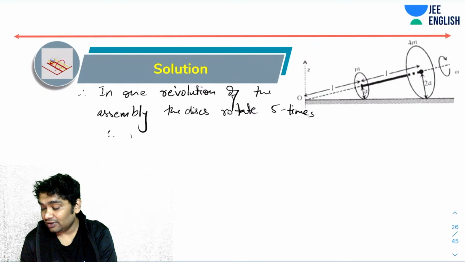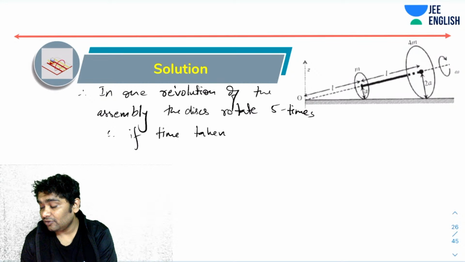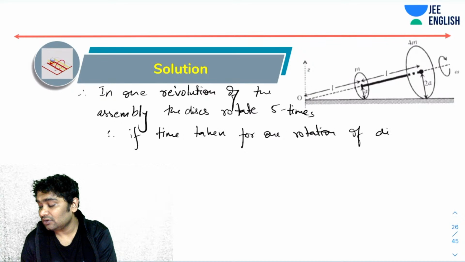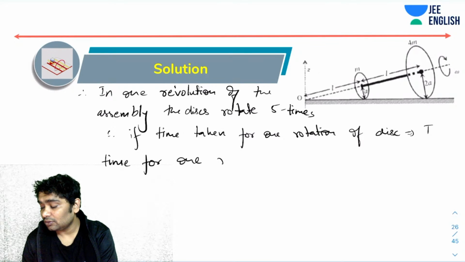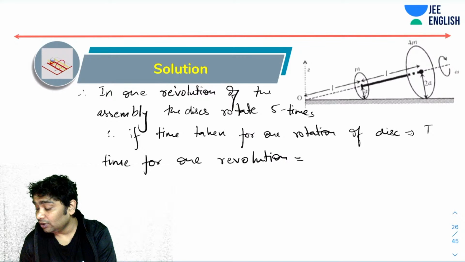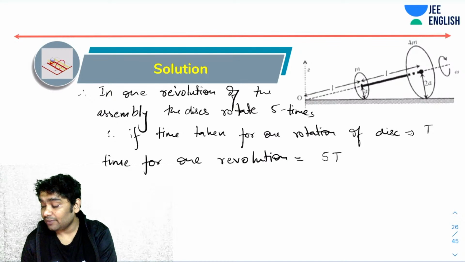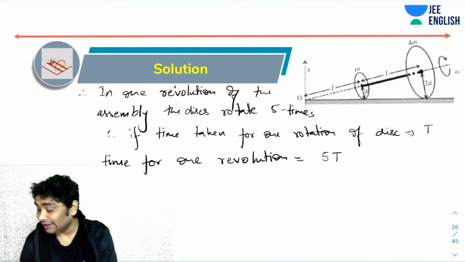Therefore, time taken for one rotation of disk equals t, and time for one revolution, what will that be? That will be equal to 5t. And this will be 2 pi over omega, correct?